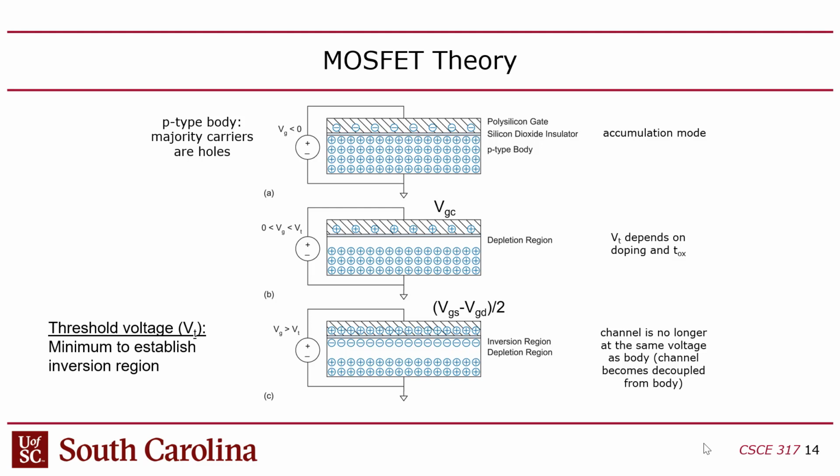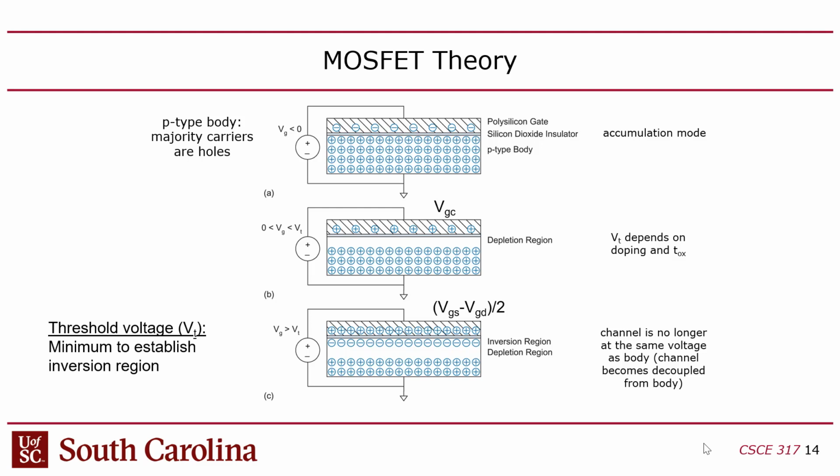Now, when the gate voltage is between ground and VT, meaning that it's less than the threshold, you get this thing called the depletion region, where the majority charge carriers start to back off from the channel.